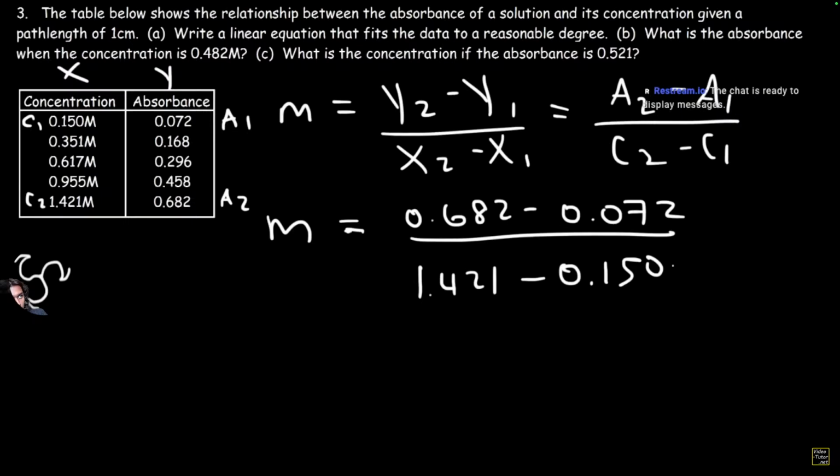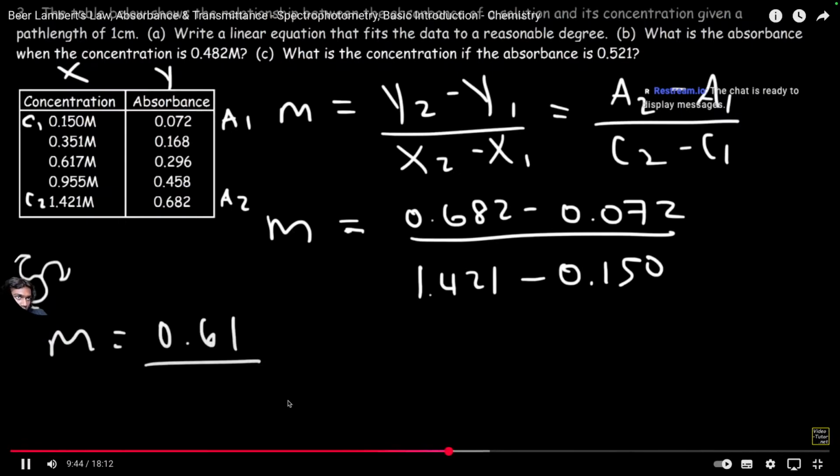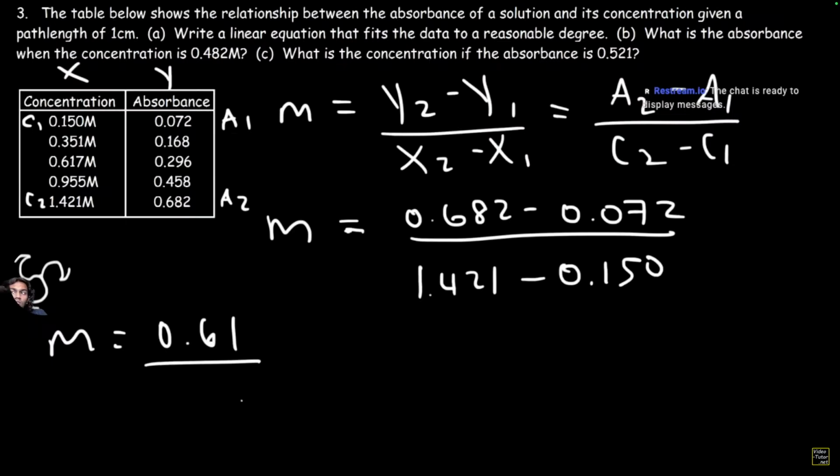So the change in the absorbance, using the first and last points, is 0.61. And the change in concentration is 1.271. So if we divide these two numbers, the slope is 0.48.